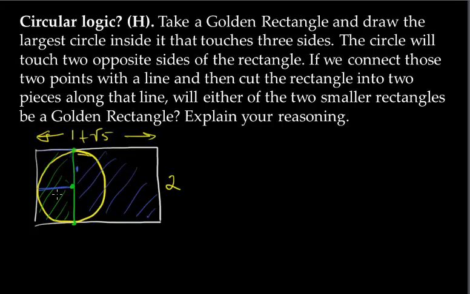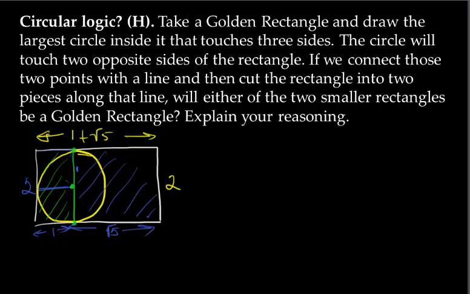So the radius of the circle is 1, and therefore the width of that rectangle is 1 here, and the width of this rectangle, the blue one, would be, well, the square root of 5, right? Because the total length is 1 plus the square root of 5. And then we know that the length of the small one is 2, and we're ready to go.